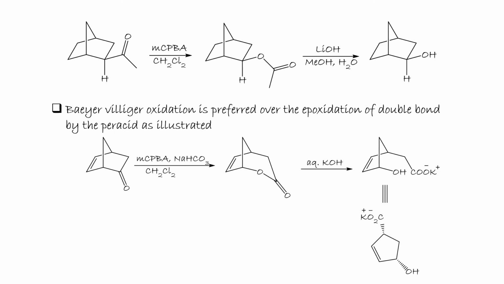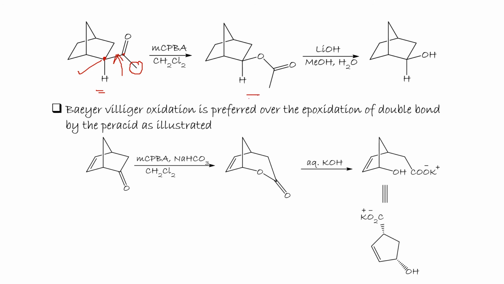This molecule, carbonyl is here, we have a methyl group in here, we have a secondary carbon in here, so this one will migrate, right? And the oxygen will get in here according to our mechanism, forming this ester.